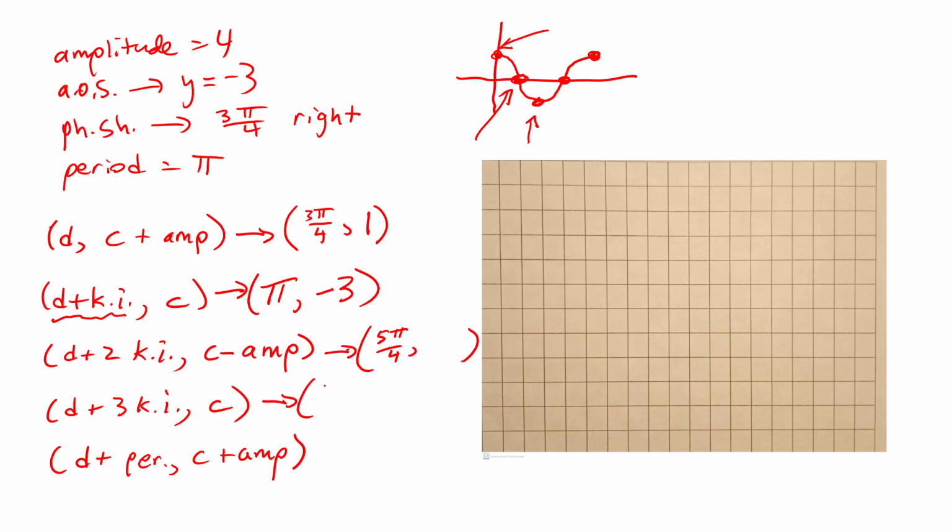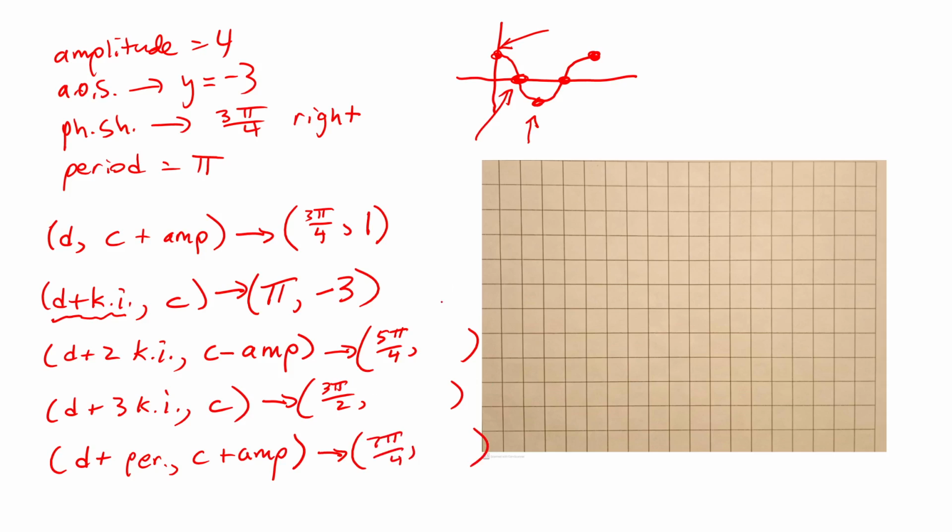We're adding pi over 4 each time, so 5 pi over 4 plus pi over 4 is 6 pi over 4. We'll call that 3 pi over 2. And finally, the last x coordinate is going to be 3 pi over 2 plus another pi over 4. So 6 pi over 4 plus pi over 4 is going to be 7 pi over 4.